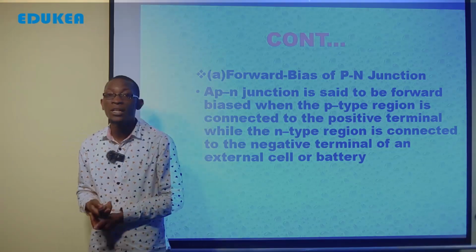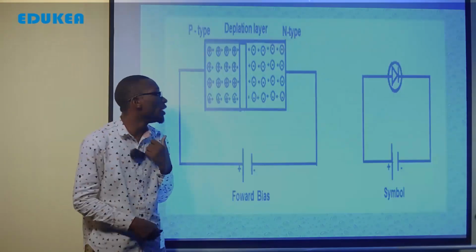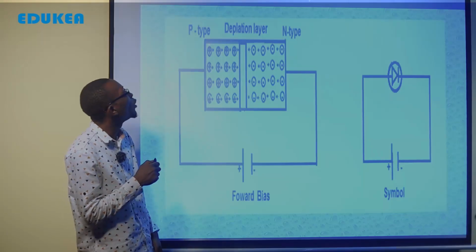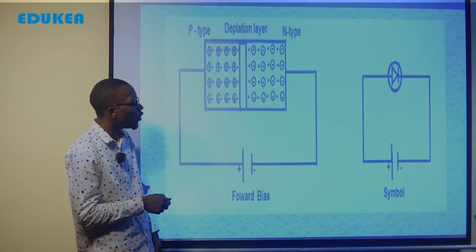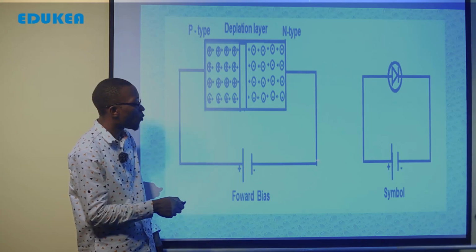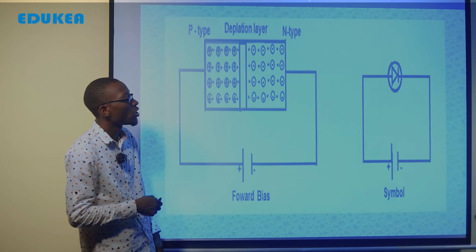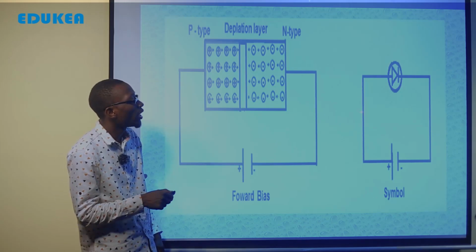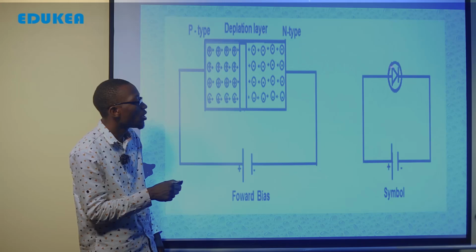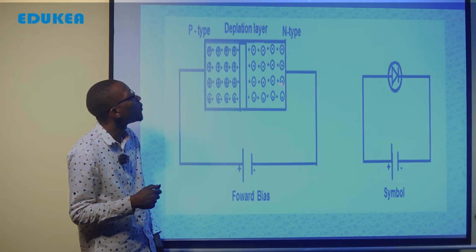Kwamba tunapozungumzia forward bias, hii inatengenezeka pale ambapo hii p-type itakapokuwa imeconnectiwa kwenye positive terminal na hii n-type itakapokuwa imeconnectiwa kwenye negative terminal ya power source. So in a symbolic way tunaweza tukaipresent hivi. This is a symbolic representation of forward bias, na hii hapa ni diagrammatical representation of forward bias.